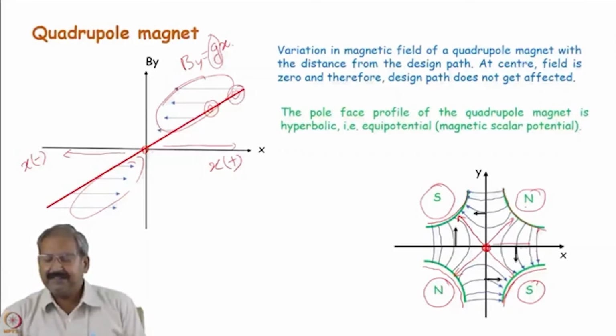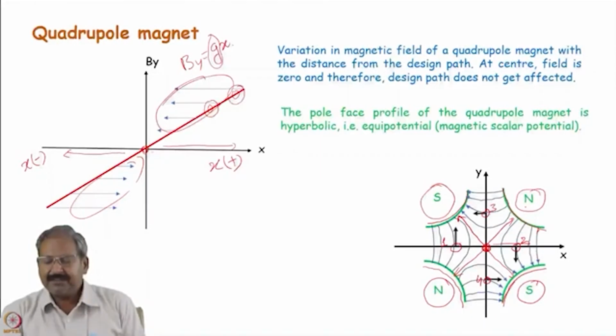Now you can see here, if we take 4 points, say this is point number 1, this is point number 2, this is point number 3, and this is point number 4. Points 1 and 2 have deviation along the x-axis, while points 3 and 4 have displacement along the y-axis.